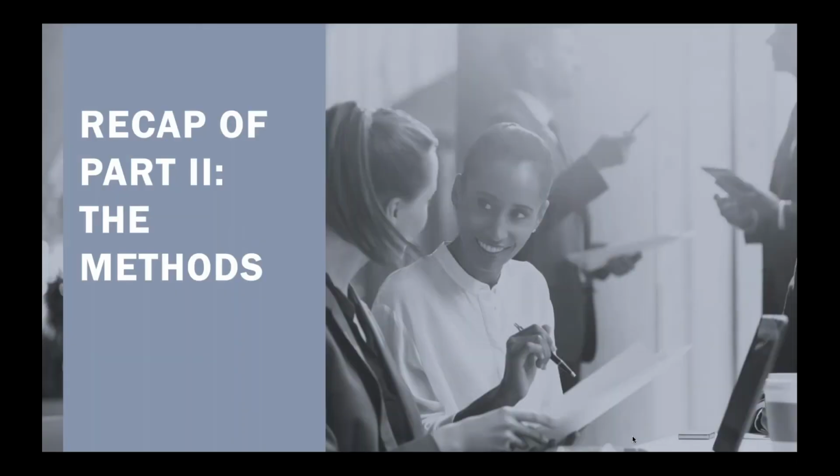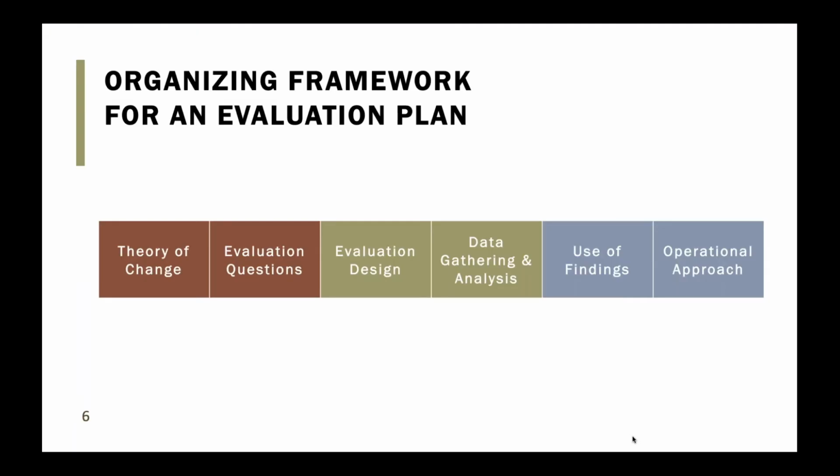So let's get started by a quick recap of what we went over in the last webinar. In the last webinar, I reinforced a framework for thinking about an evaluation plan that was really centered around 6 elements. The first 2, which are the foundations, which we covered at the beginning of the month, focused on the theory of change and evaluation questions.